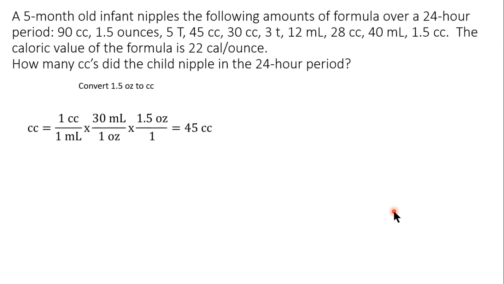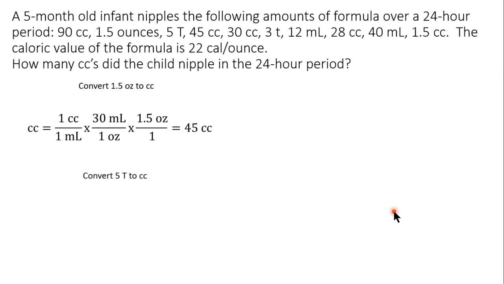So cc's equals 1 cc over 1 milliliter times the conversion rate between ounces and milliliters, which is 30 milliliters over 1 ounce, times the 1.5 ounces over 1 as a placeholder to keep everything in a fraction form. So milliliters and ounces cancel out.